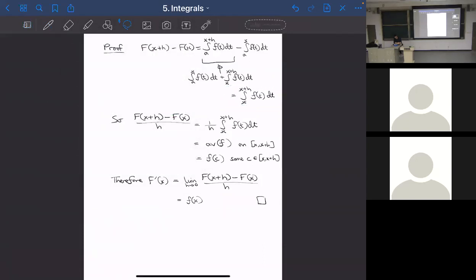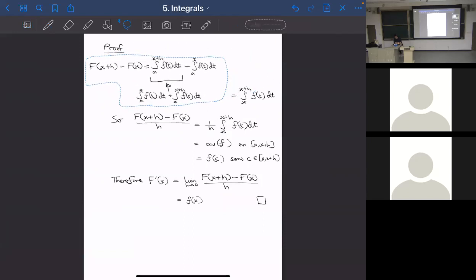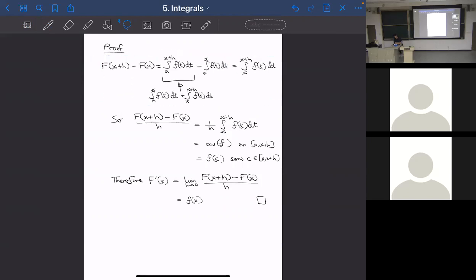I'm going to rearrange this because I think it's not that clear. Okay. I hope that's better.